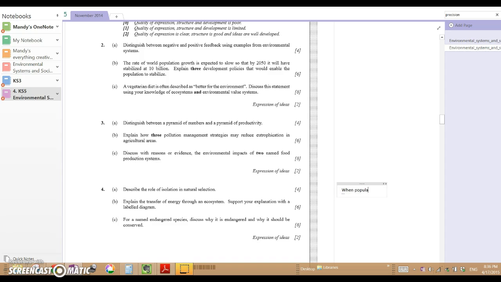When populations are isolated, genes can no longer be exchanged. The isolated populations experience different environments, even subtle differences.